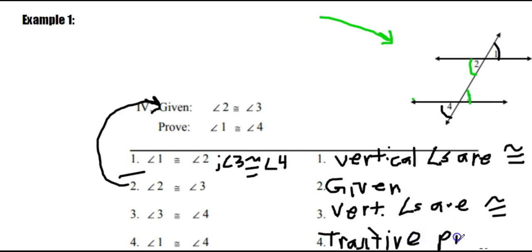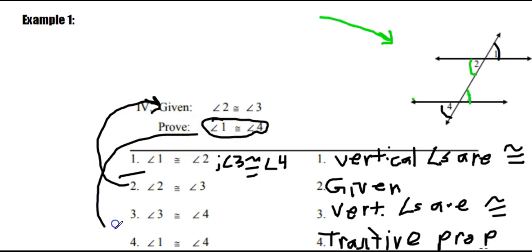Remember that we said that if A equals B and B equals C, then A equals C? Same idea. 1 is congruent to 2, 2 is congruent to 3, 3 is congruent to 4, therefore 1 is congruent to 4, transitive property. There you go. This is what we were looking for. That shows up right down here as our last step. That's our proof. We just proved that angle 1 is congruent to angle 4.